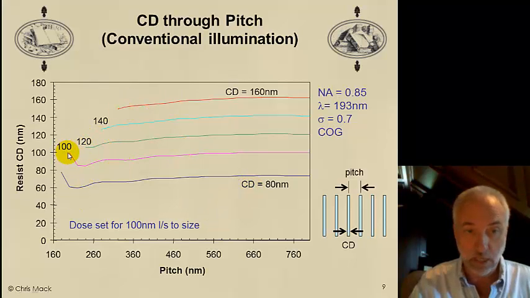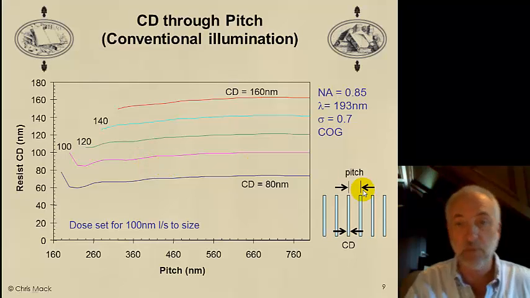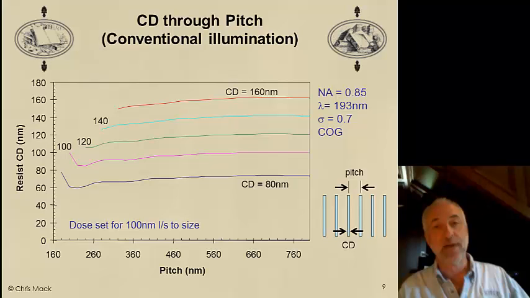So a 100 nanometer CD with 100 nanometer space next to it prints at the right size, but as soon as I change the pitch, I see that the CD first goes down for, say, a 250 nanometer pitch, and then starts rising as the pitch gets bigger. This is called a CD through pitch curve, and it explains a lot of the proximity effects that we're seeing in lithography.